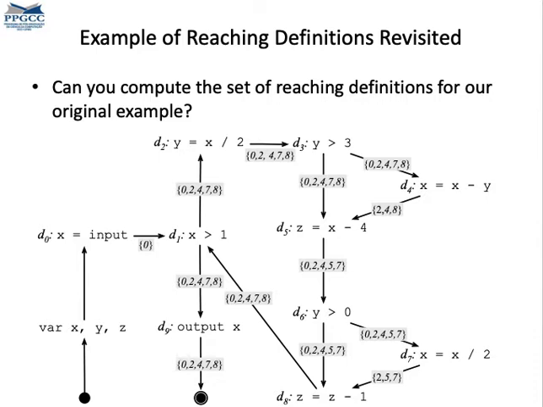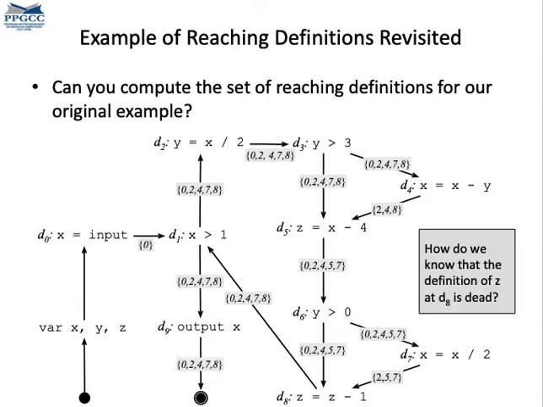So instead of a pair formed by a variable plus program point, I only record the program point because the variable can be inferred from that information. And how can we use the solution of this data flow analysis to know that the definition of variable z at D8 is dead in this code? I'll leave this last question as an exercise for you. It's a simple answer, but if you want to know it anyway, just ask me in the comment section of the video.